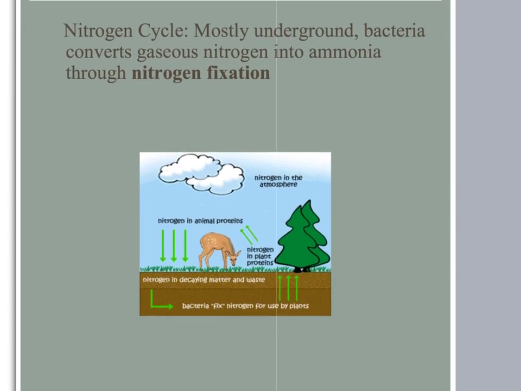Finally is the nitrogen cycle. This mostly happens underground. You can see here that we have a deer, and this deer is going to eventually die, and it's also going to poop.